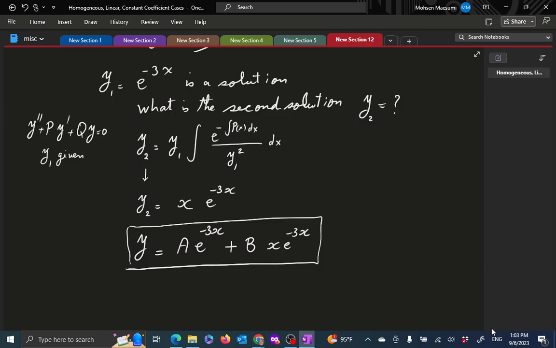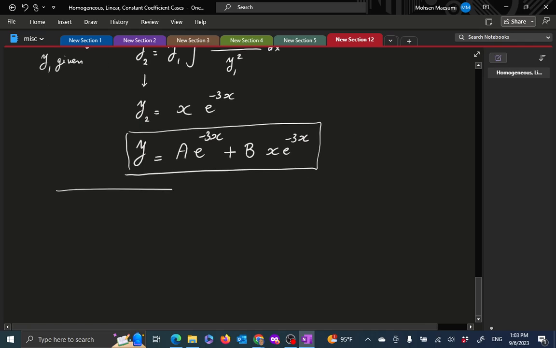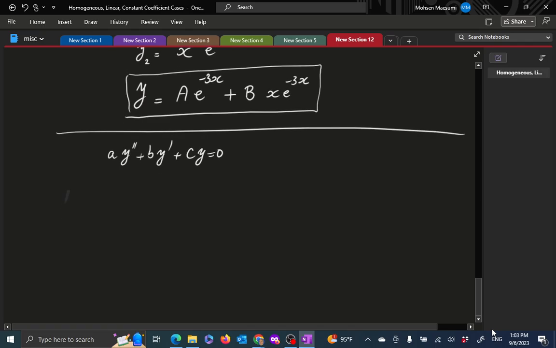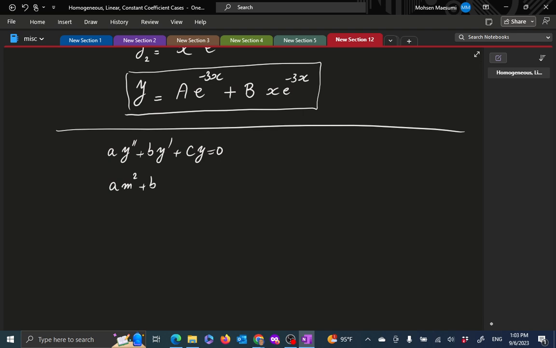Okay, let's quickly summarize what we did here. If I have a y double prime plus b y prime plus c y equal to 0, these are second order equations, which are the most common ones we see. We write the auxiliary equation.